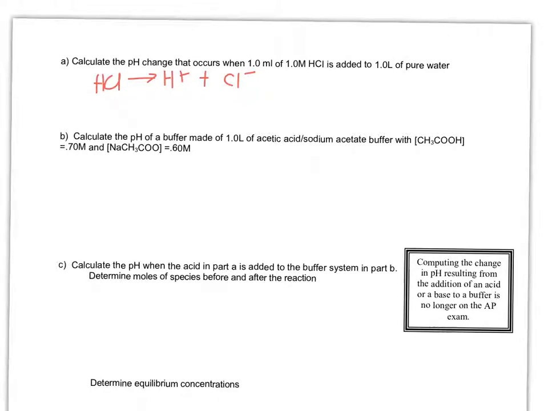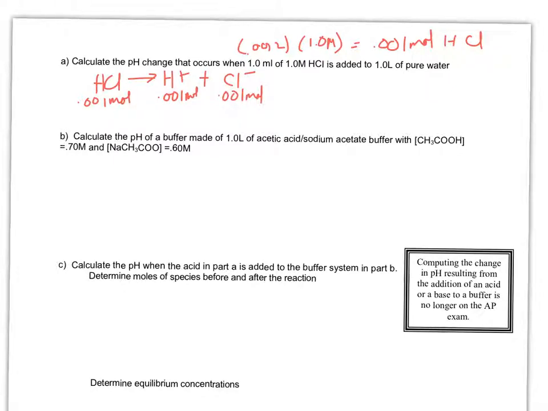So 0.001 liters times 1.0 molar is going to be 0.001 moles of HCl. And so if I know this is 0.001 moles, then I know this is also going to be 0.001 moles. Same thing for that one.